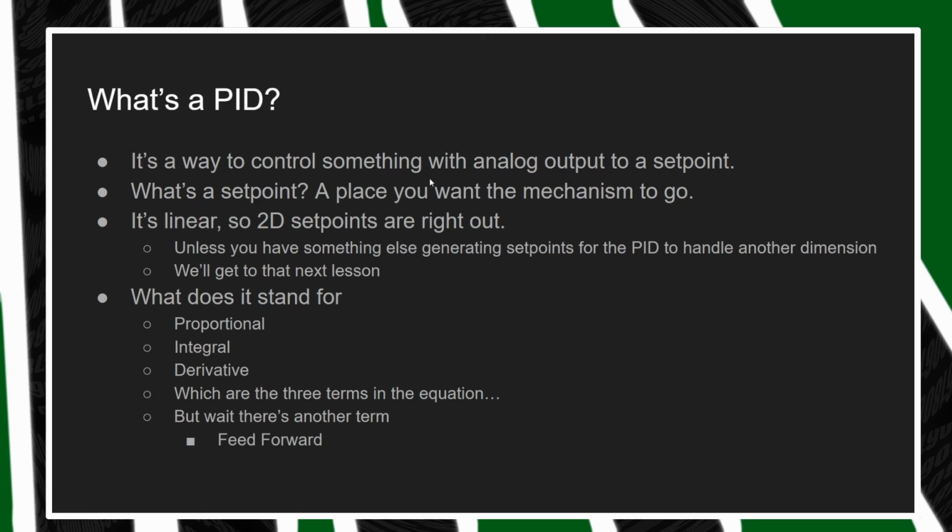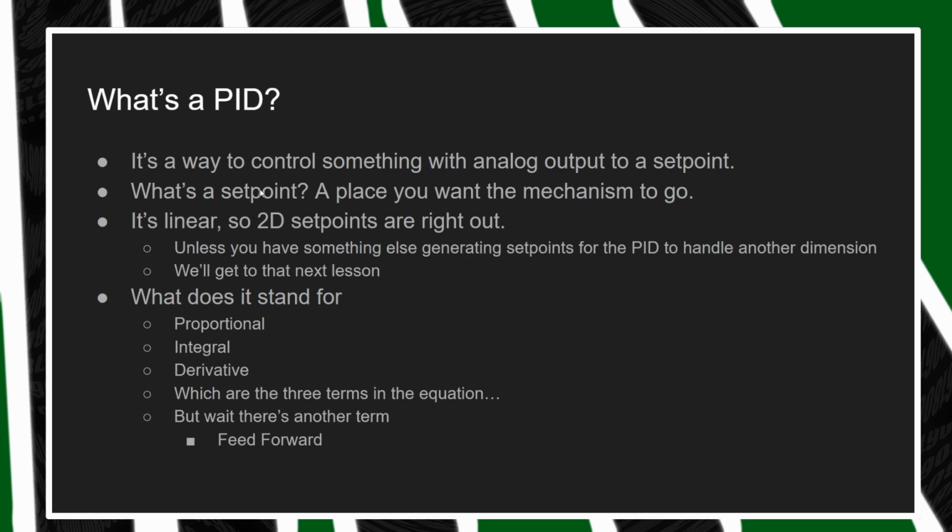A set point is just a place where you want the mechanism to go, usually represented in math. You can represent a lift, how high you want it to go, or the drivetrain, how far forward you want it to go, or a flywheel, how fast you want it to spin.